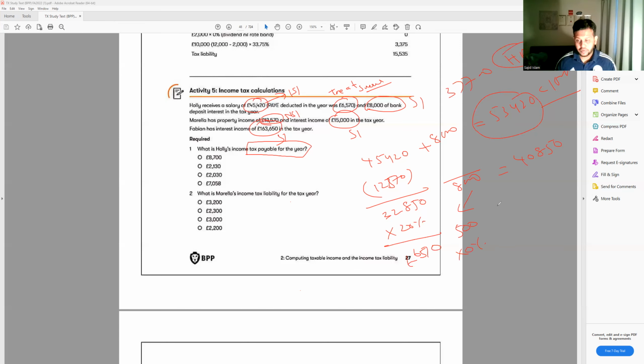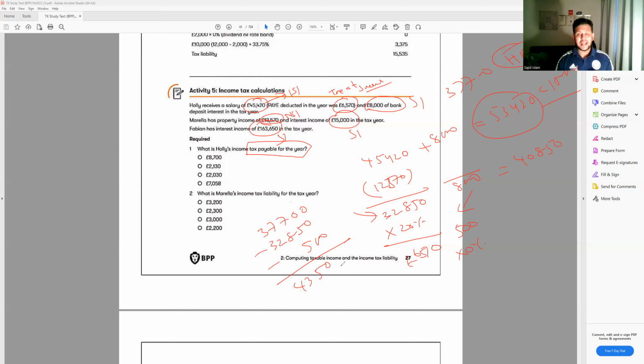Let's have a look. Before we do the 7,500, I have to split it. Why? Because I still have some band left from the basic. The basic band is 37,700. From here, I used 32,850 for the non-saving, and for the savings I used 500 for the nil rate. So I still have some balance left. 37,700 minus 32,850 minus 500 gives me 4,350.